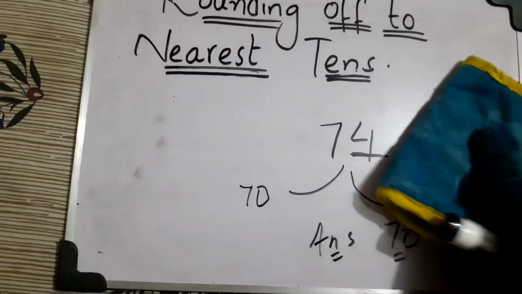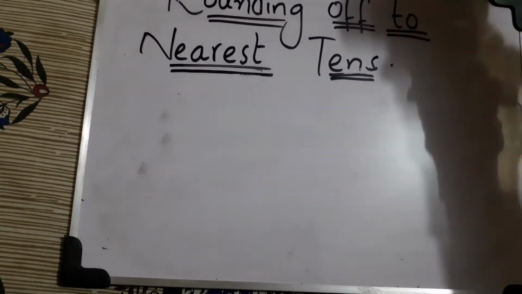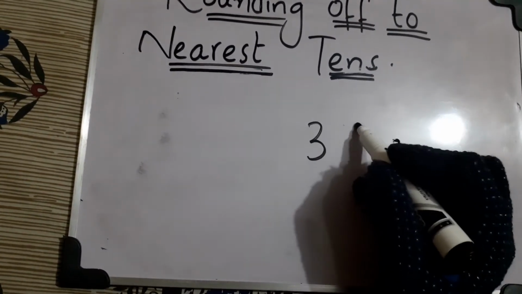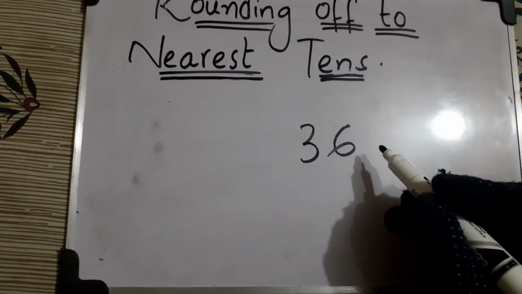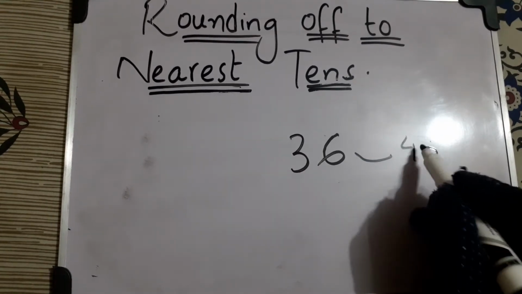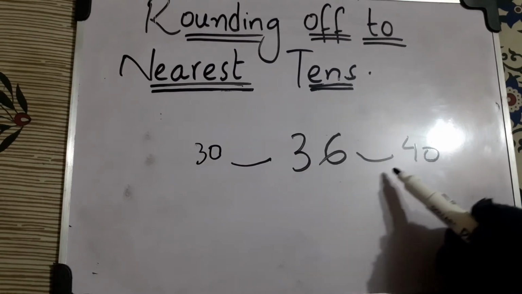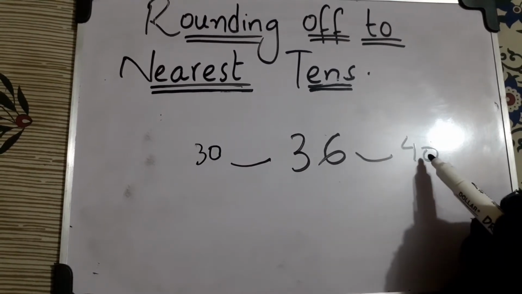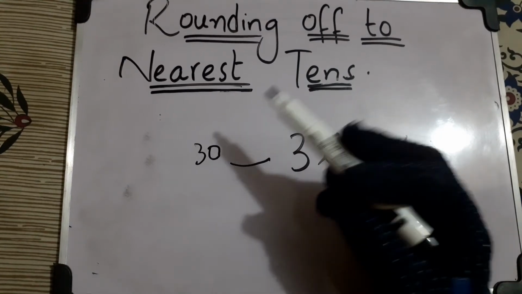Look, if you have the number 36, how many options do you have? You have one option 40 and one option 30. If round off goes ahead, it will go on 40, but if round off goes back, it will go on 30.